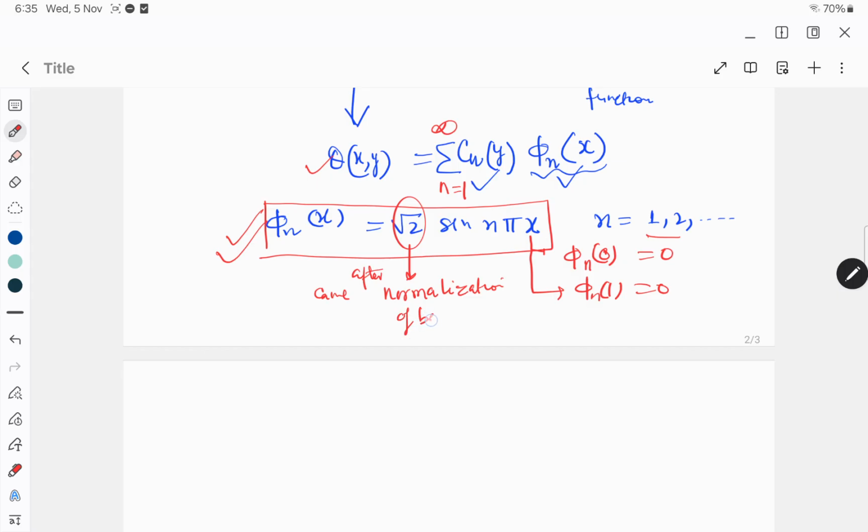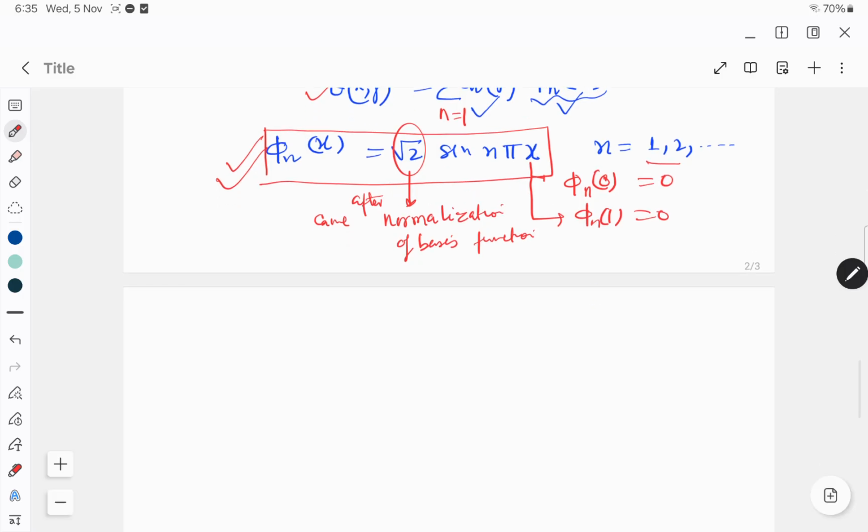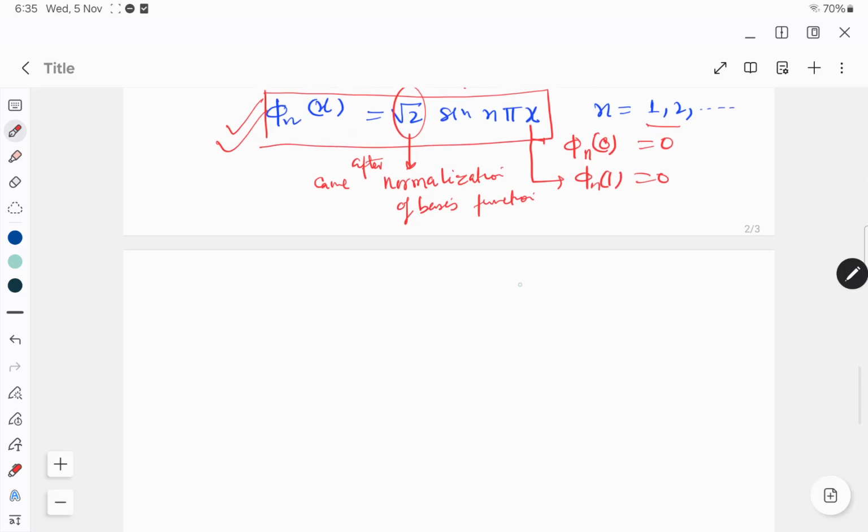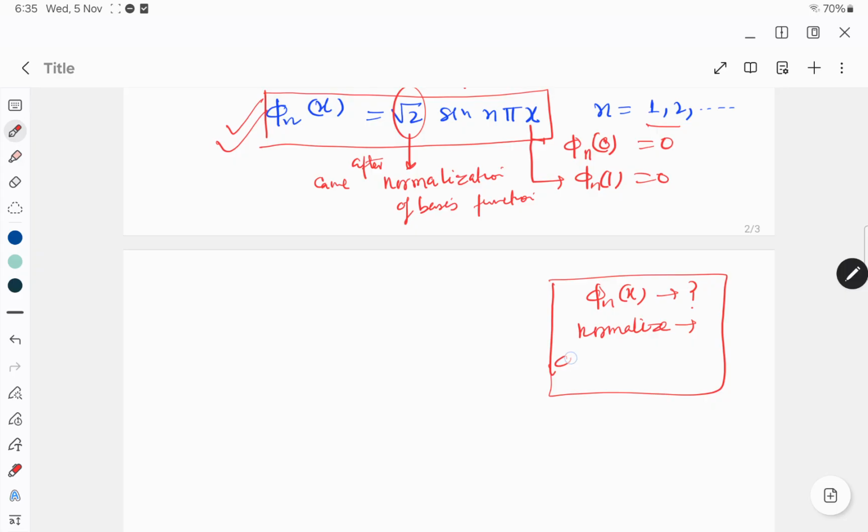Two important concepts that we have to learn later on are: first, how to get phi n x, and second, how to normalize it. Once we know these two things, we can easily write phi n x as some constant a n times some function of x. But this procedure we need to understand later on.